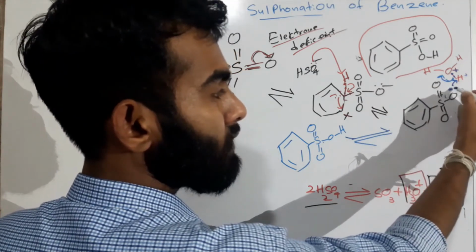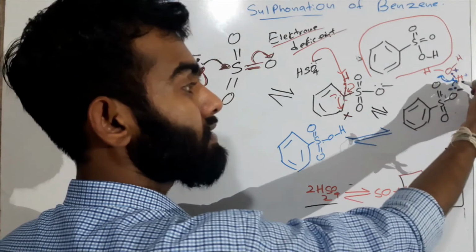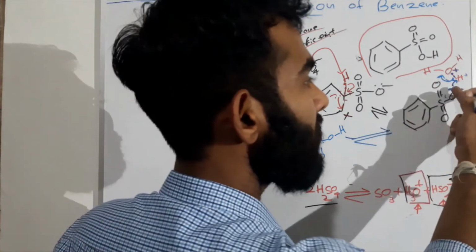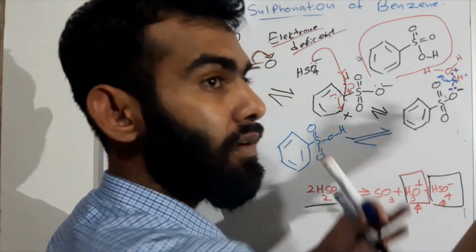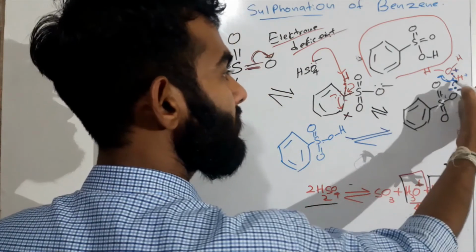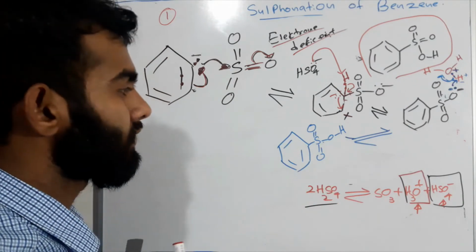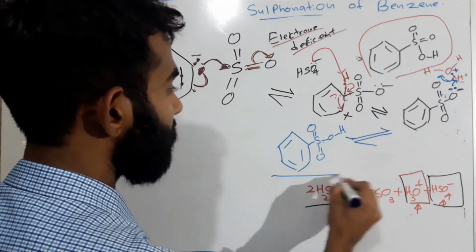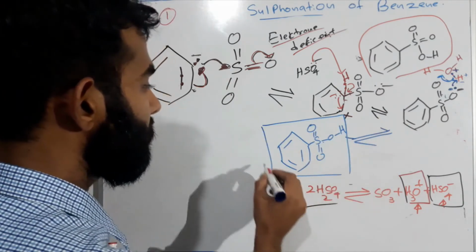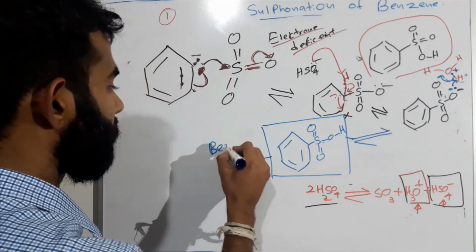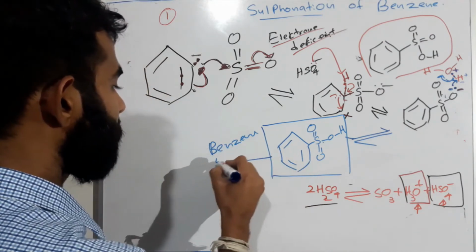Here this oxygen donates its electrons to hydrogen. Hydrogen gets this lone pair from this oxygen. Getting a lone pair means it gets a negative charge. Negative charge and that positive charge cancel out and hydrogen will be neutralized. So this is the final product, benzene sulfonic acid.